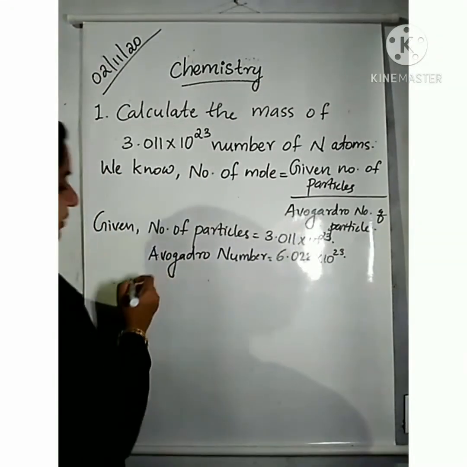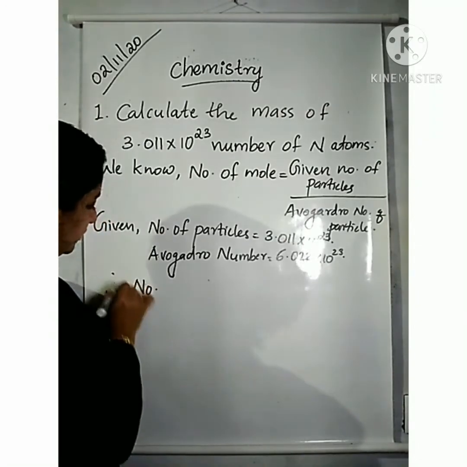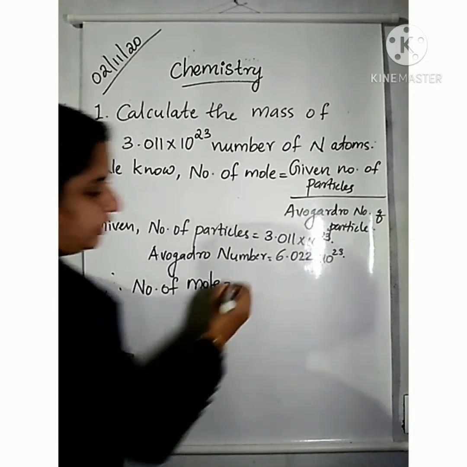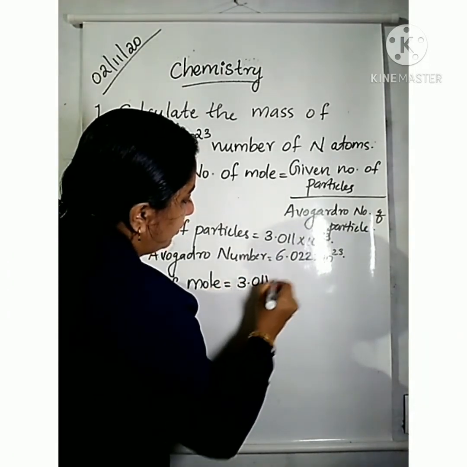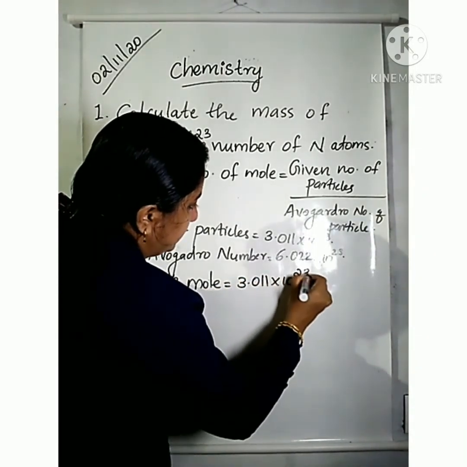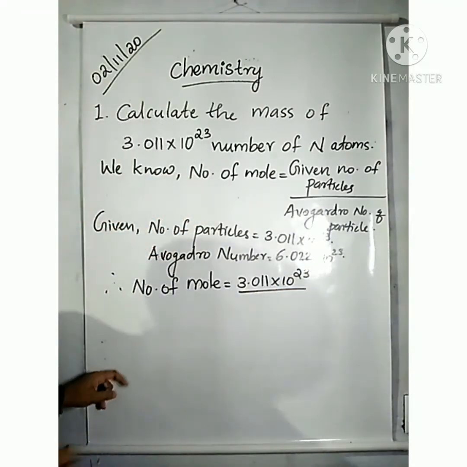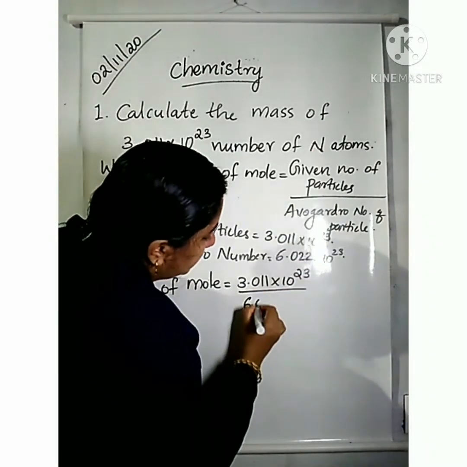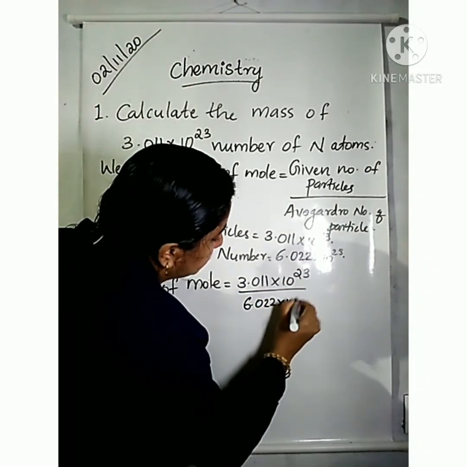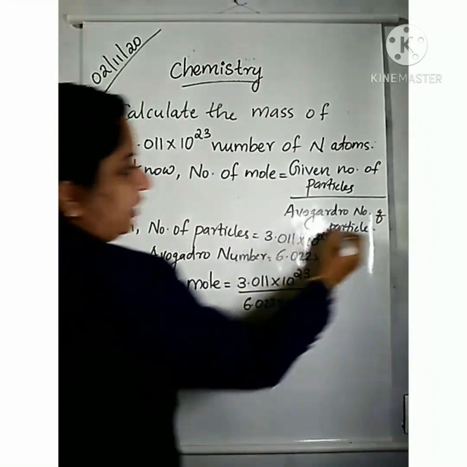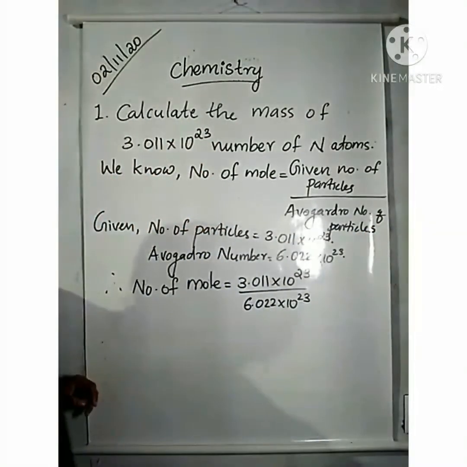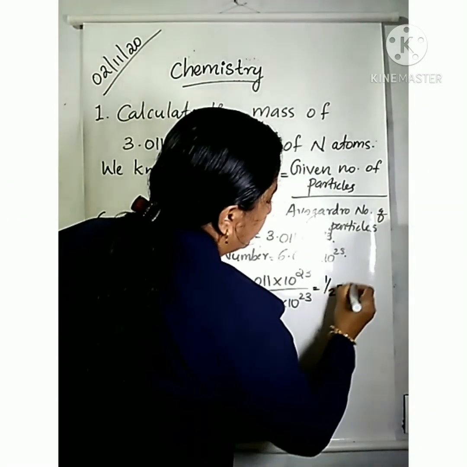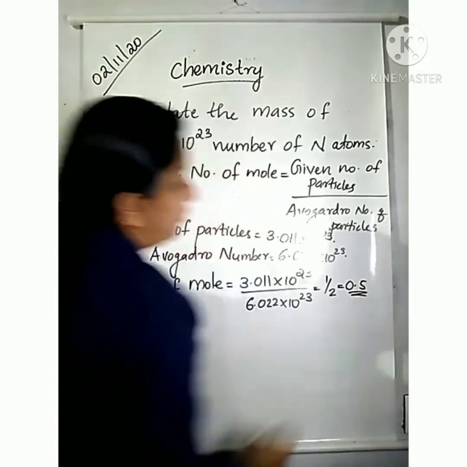So, therefore, number of mole equals 3.011 into 10 raised to 23 divided by Avogadro number of particles, that is 6.022 into 10 raised to 23. So it will be 1 by 2, that equals 0.5.